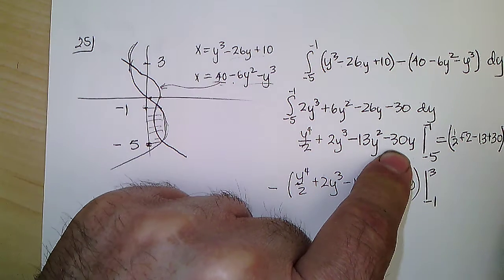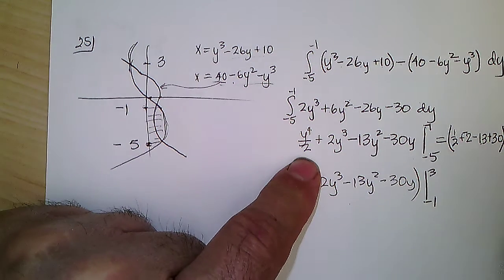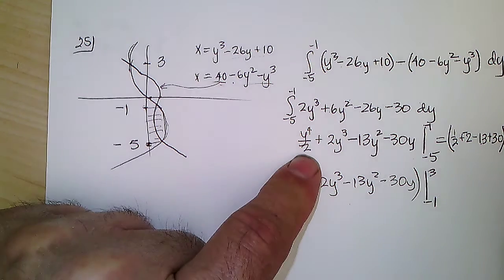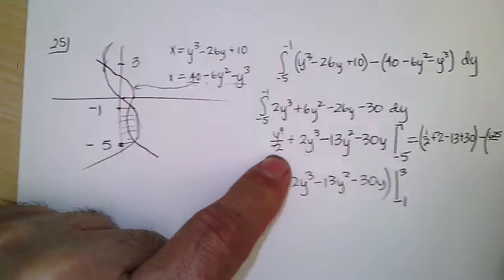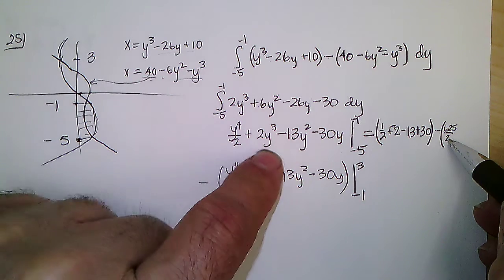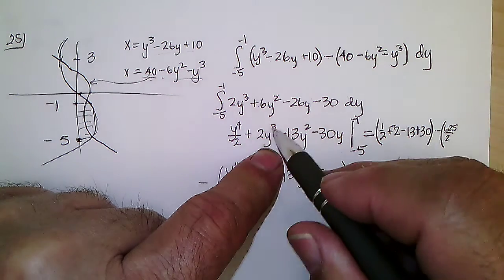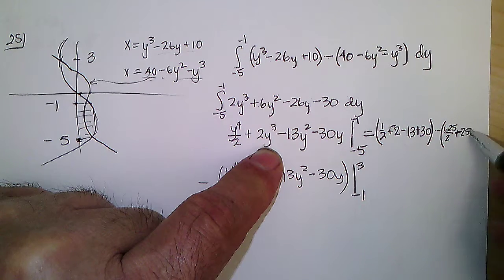There we go. Then put in minus 5, and I get an ugly 625 over 2. 125 times 2 is 250, minus 250.